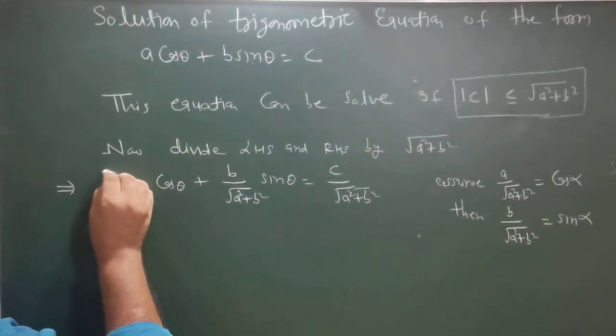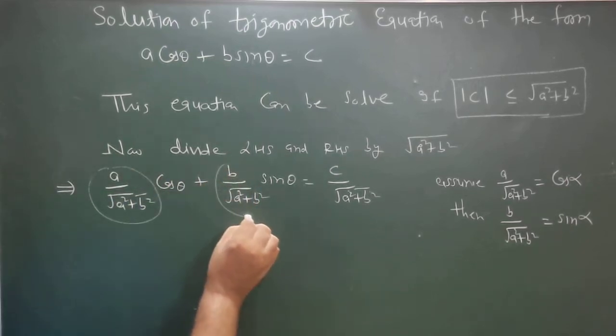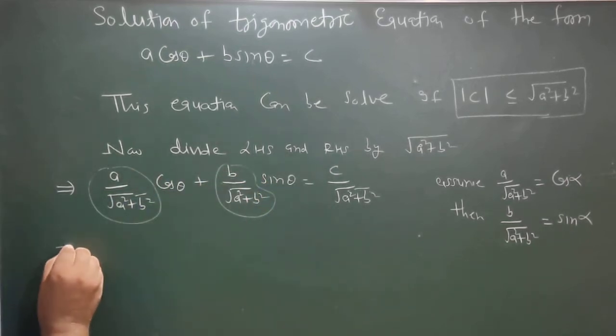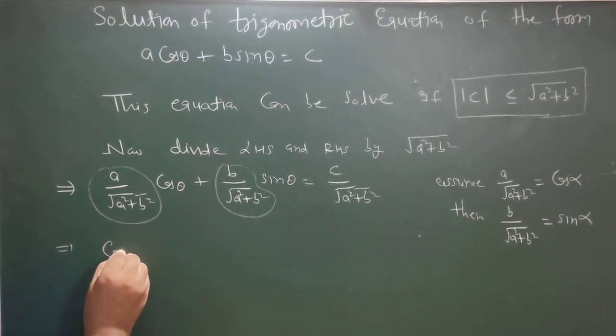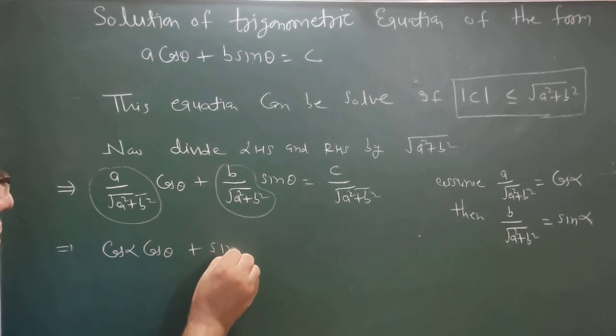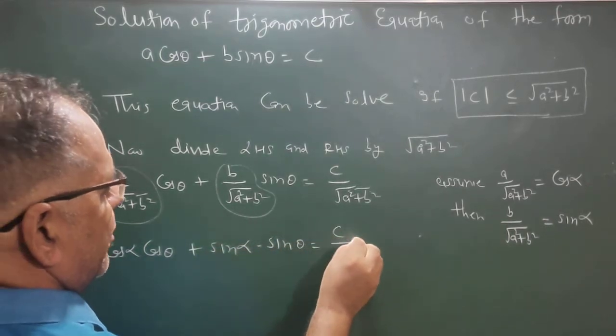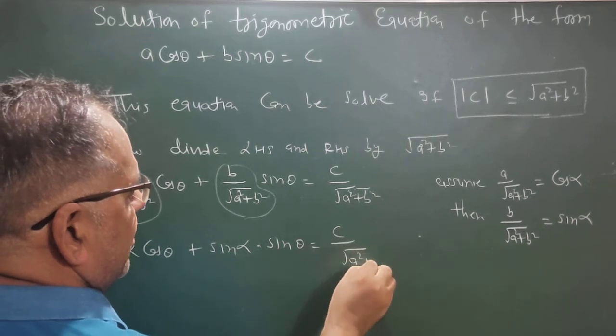Now you can write cos alpha into cos theta plus sin alpha into sin theta equal to C upon under root A square plus B square.